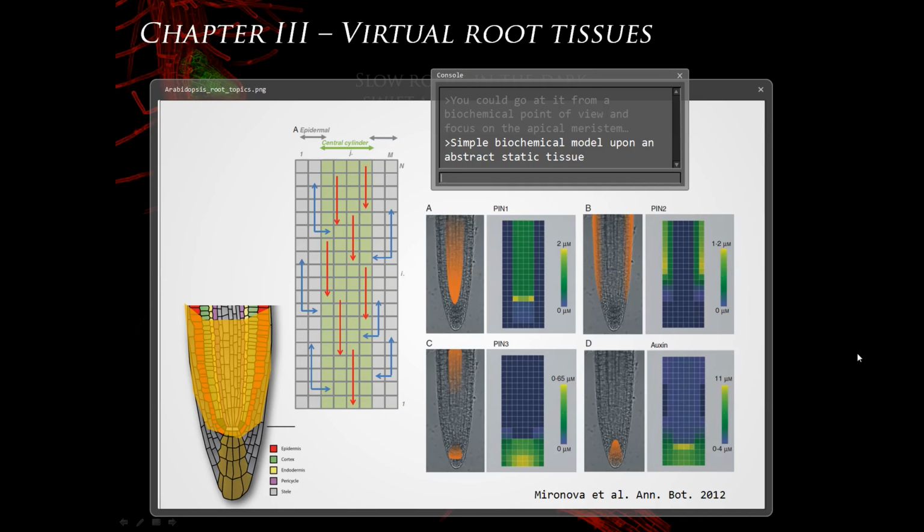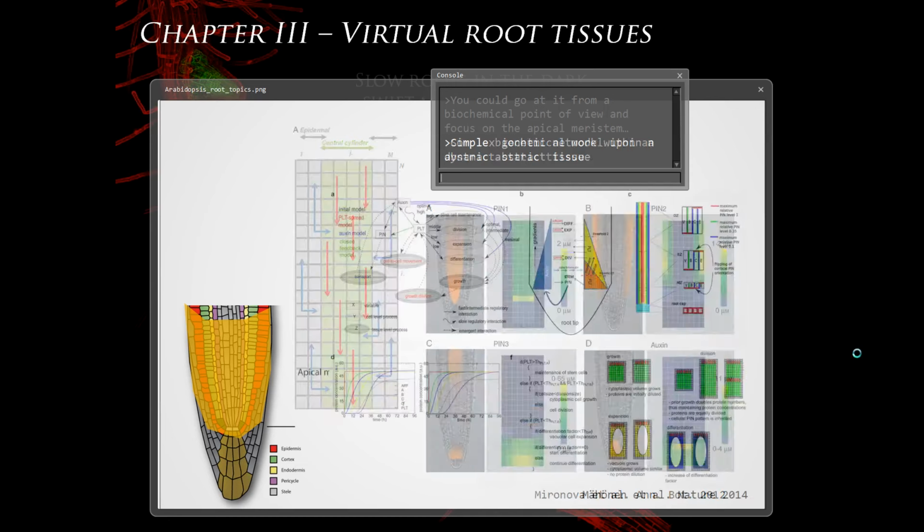2012, with a simple biochemical model of hormonal fluxes, which is based upon an abstract static tissue with a regular lattice of square cells.